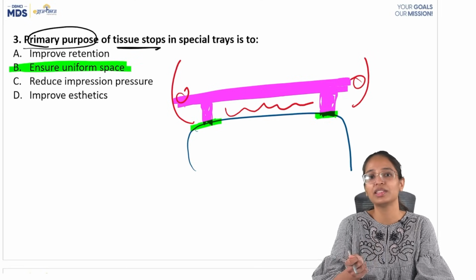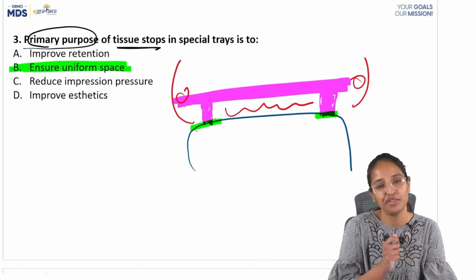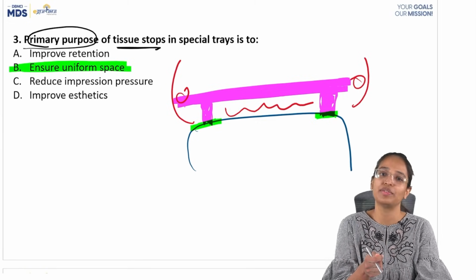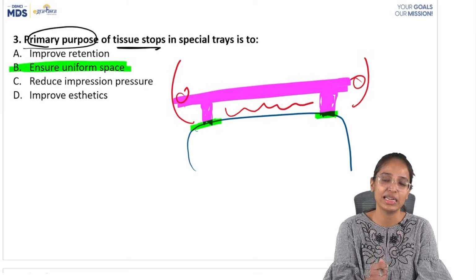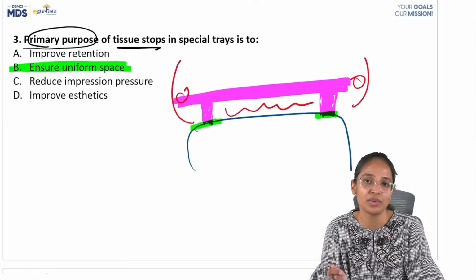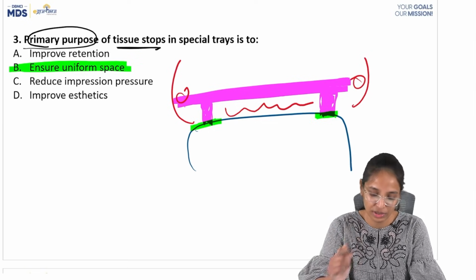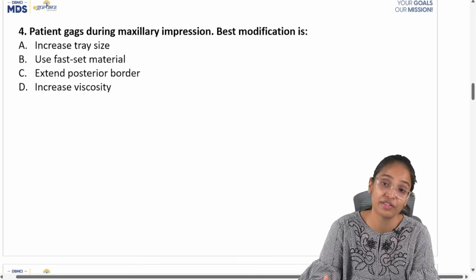There are multiple ways in which you can seat it if you do not have a tissue stopper. If you have a tissue stopper, it will guide the tray into the exact position in which you have done your border molding. So the correct orientation of the tray is also maintained. These are the two main important roles of your tissue stopper, but the number one important role is to ensure a uniform space.